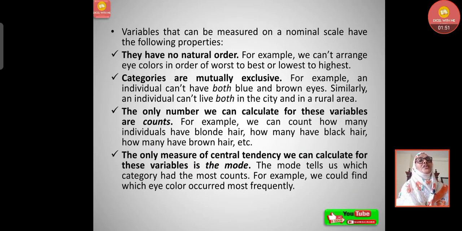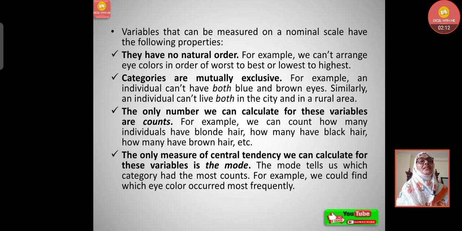Variables that can be measured on a nominal scale have the following properties. They have no natural order. For example, we cannot arrange eye colors in order of worst to best or lowest to highest, as we give in ranks, first rank, second rank, like that.